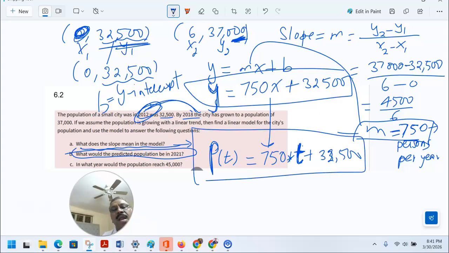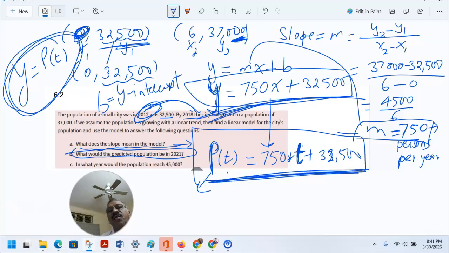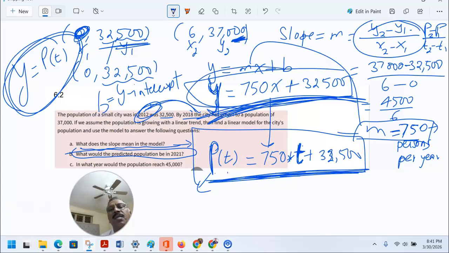So this is another way to write function notation, where y is the population after t years. But if you get confused, I would just use this. You could also start from the beginning and say slope is t2 minus t1 and p2 minus p1. But if you get confused, stick to this only.